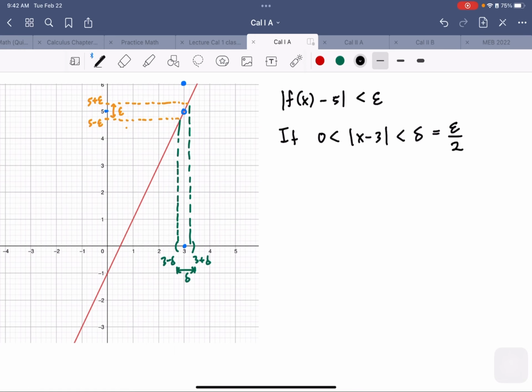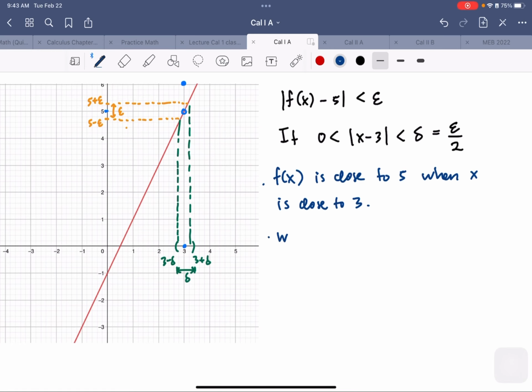So this is a precise way to say that f of x is close to 5 when x is close to 3.